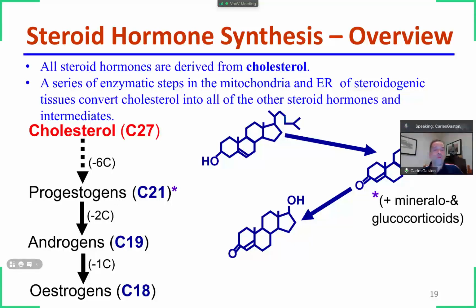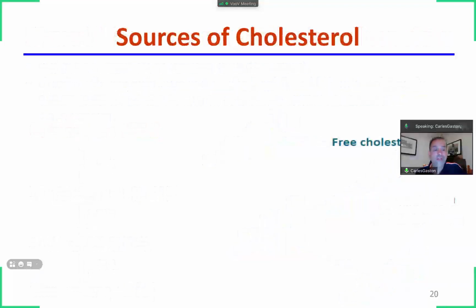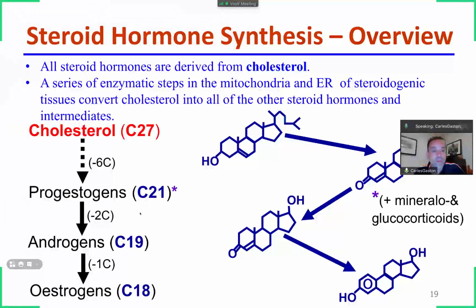And mineralo-glucocorticoids, right? And this basically is what happens to it. So these are the modifications, and we will study the enzymes. Don't worry too much about it, but basically there is one branch that forms estrogen and androgen, and another branch that modifies the cholesterol to form mineralo-glucocorticoids, which have different functions.